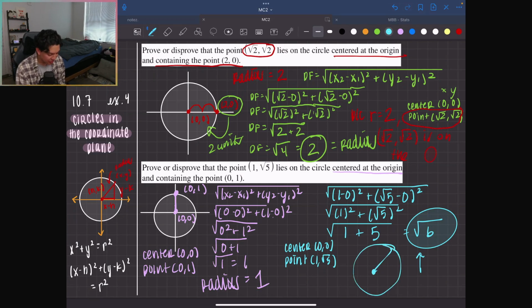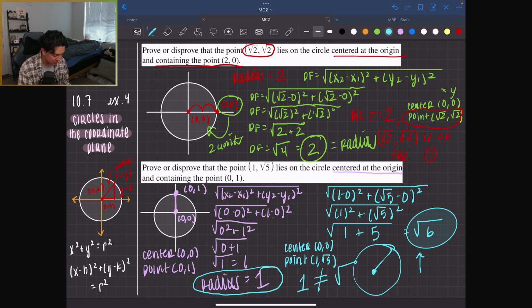But since the original radius is 1, and the radius that we got when we inputted 1 root 5 is root 6, since 1 does not equal root 6, that means that the point 1 root 5 is not on that same circle because the radii are different.